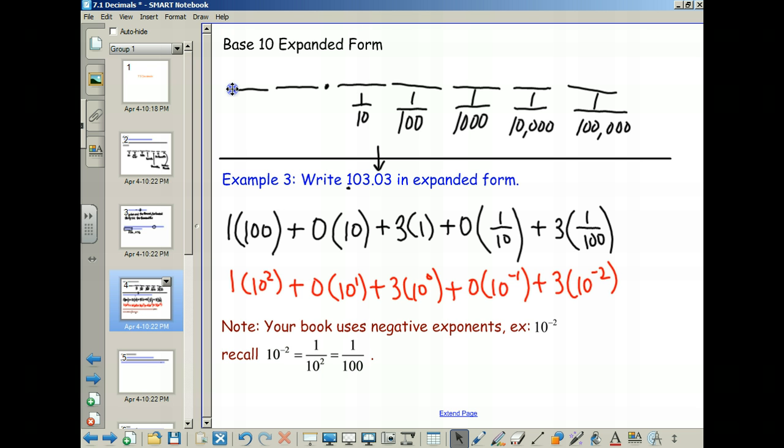Those things. I want you to be aware that the book may do this to you. Okay? And there isn't anything wrong with using negative exponents. It's perfectly 100% mathematically correct. But it's also not very intuitive for what's really happening.